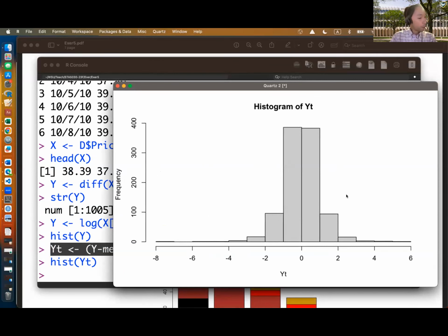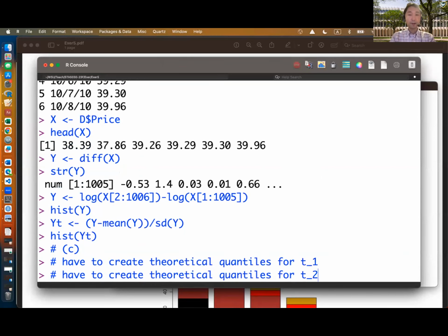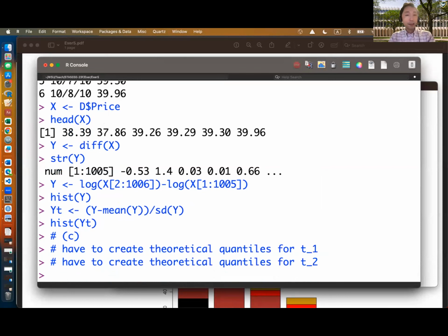Now we want to compare this with theoretical quantiles of the t distribution and also the normal distribution. So for number C, we have to create the theoretical quantiles, maybe T2 first. That can be done by qt. qt is basically the F inverse function in the slide.